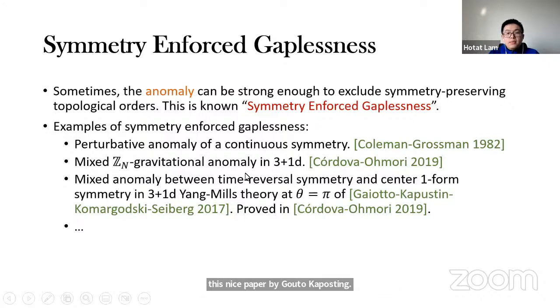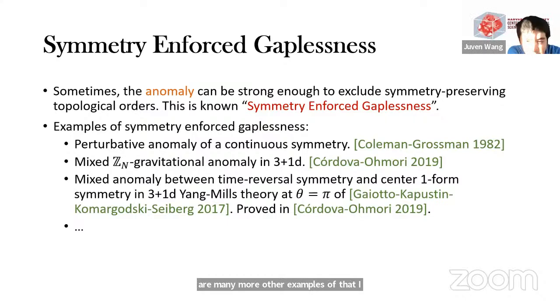This is a mixed anomaly between time-reversal symmetry and the center one-form symmetry in 3+1 dimensional Yang-Mills theory at theta equals pi. It was proven in a nice paper by Cordova and Ohmori that this mixed anomaly in some cases can obstruct a symmetry-preserving gapped phase.